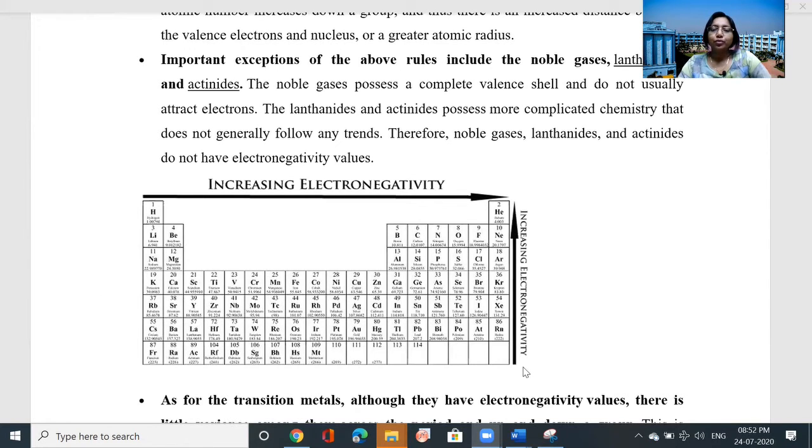And if we move from bottom to top, then electronegativity also increases.